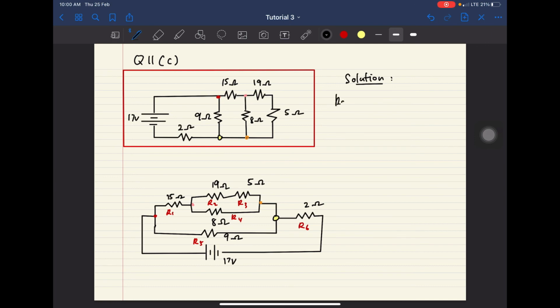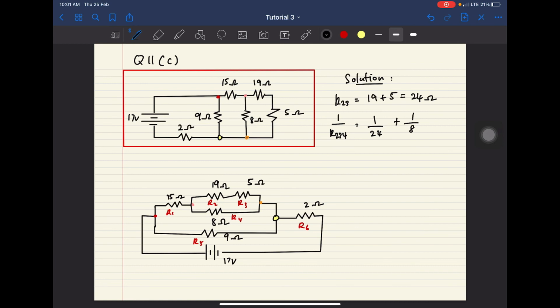I solve R23 first, which is equals to 19 plus 5, which is equals to 24 ohm. Okay, and I can combine 1 over R234, which is 2, 3 and 4 in parallel, so it will be 1 over 24 plus 1 over 8.